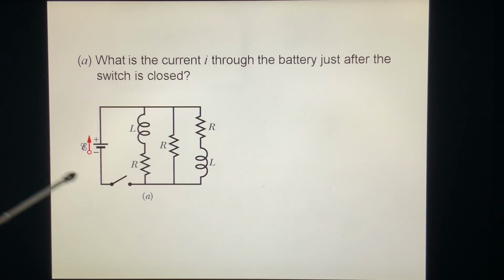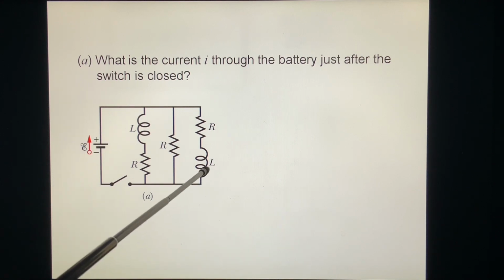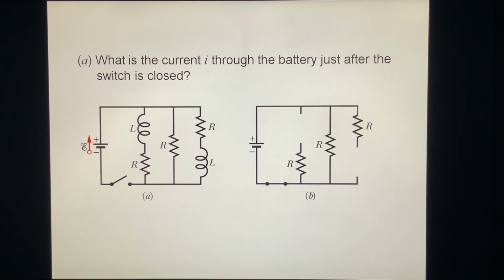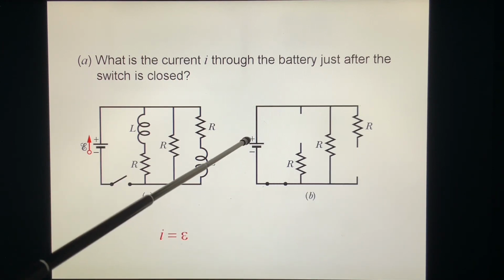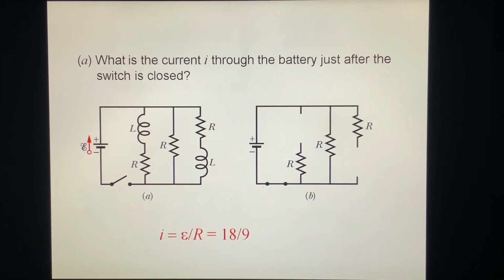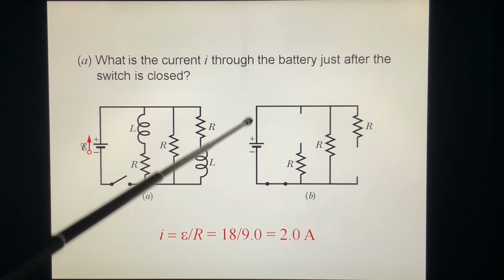Just when the switch is closed, the change is large. As we mentioned before, the inductor acts as infinity, as if open. So in this case, I is epsilon over R, with epsilon 18 and this R being 2.0 times 9.0 ohm.